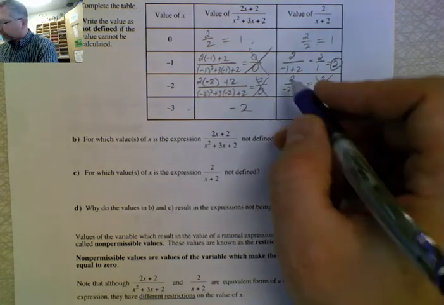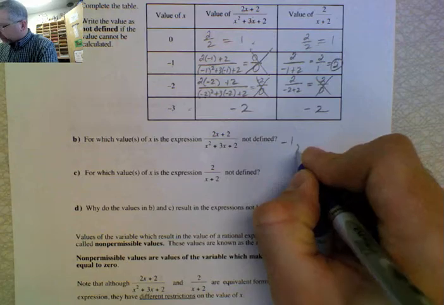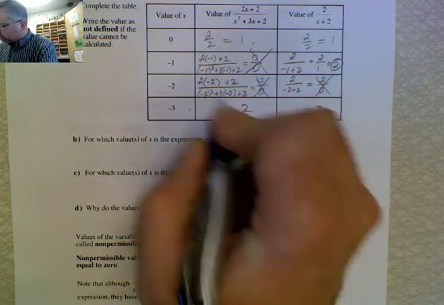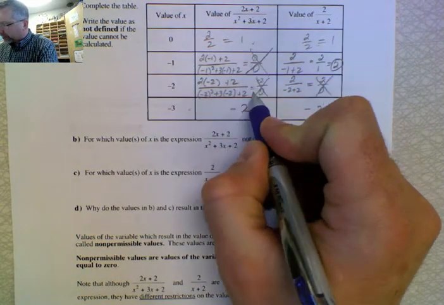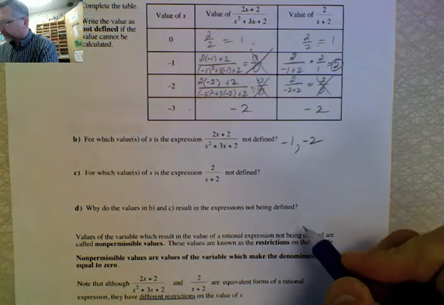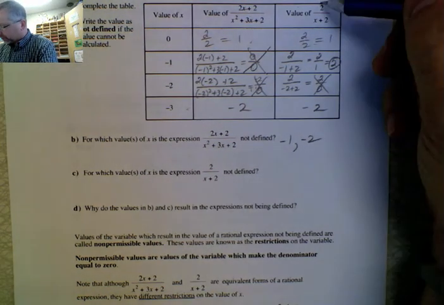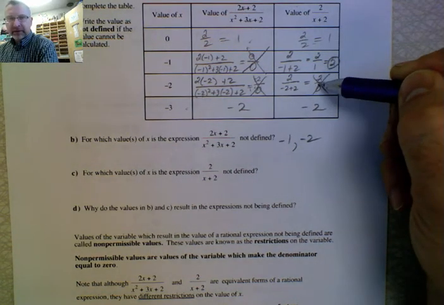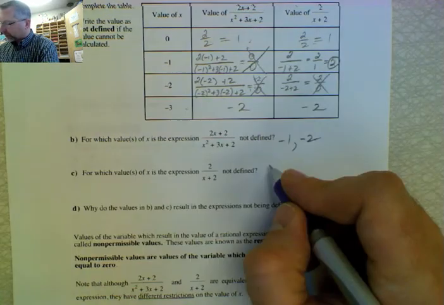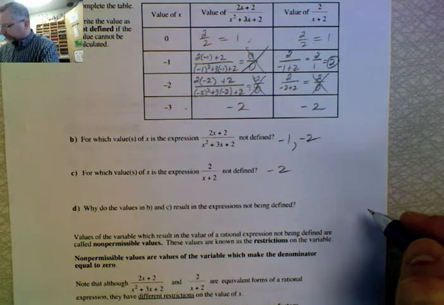Well, it's not defined for -1 and for -2 because when we plug in -1 and -2, we get undefined values. For what values is the second expression not defined? If we go down this column, the only value it's not defined for is -2.